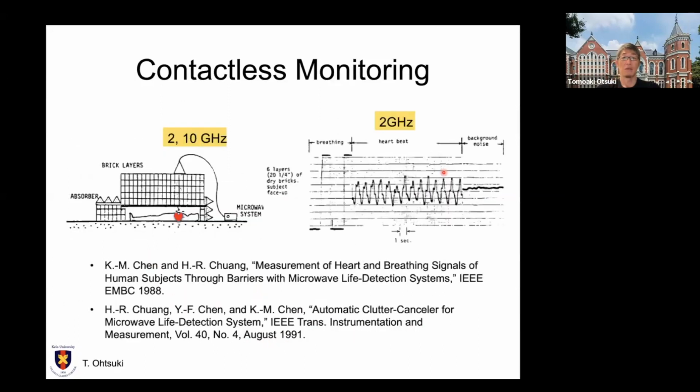And also the microwaves penetrate some objects. Then there are papers, for example, the measurement of heart and breathing signals of human subjects through walls with microwave life detection systems. Like this one, using the radar we can detect the person, and whether he is breathing or not, so we can detect whether he is alive or not. So, a life detection system.